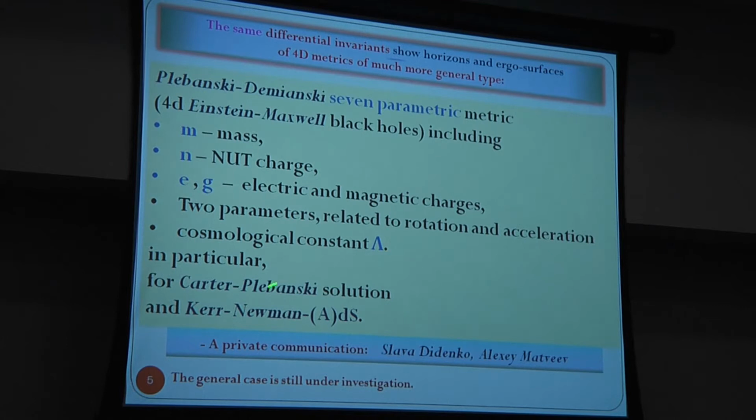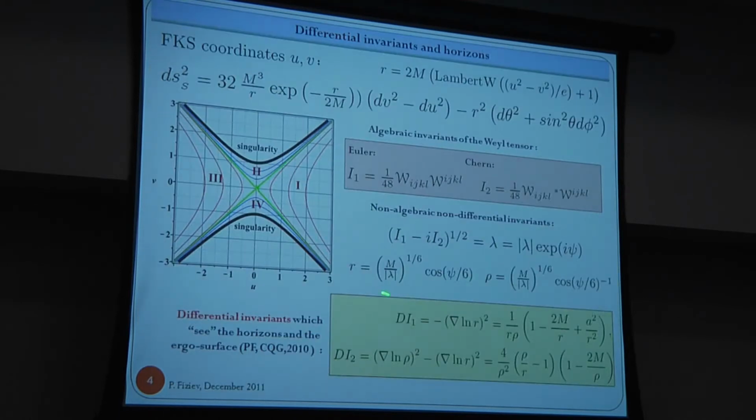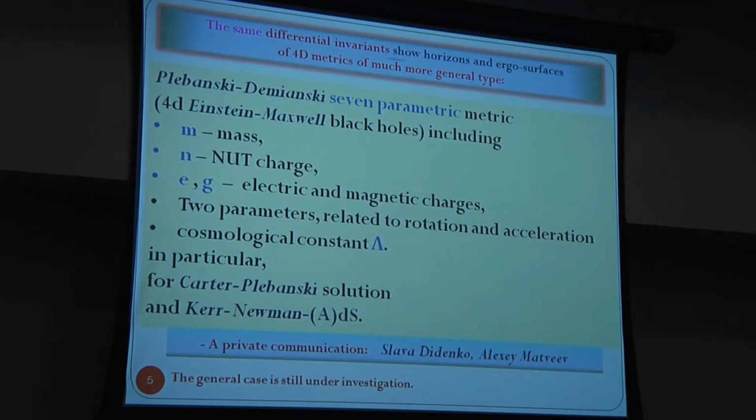You can use the same differential invariants to see the horizons in the Carter-Plebanski solution or in the Kerr-Newman solution. So these invariants are very useful. Their construction, I will once more show it, is proper for four-dimensional spacetimes. In more dimensions, you have to generalize these formulas, of course.